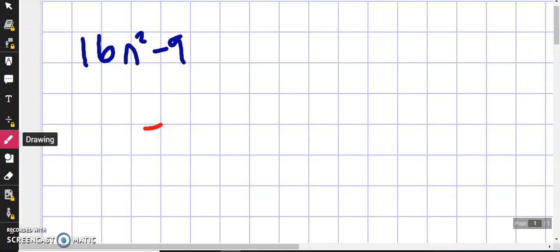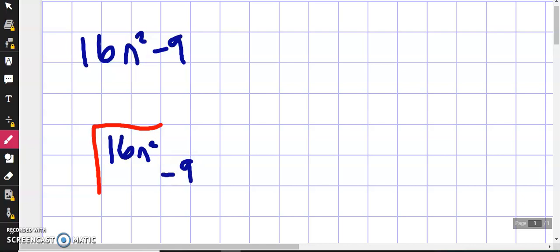So I know that when I'm setting up my box, I'm going to start with 16n squared, and I'm going to end with minus 9.